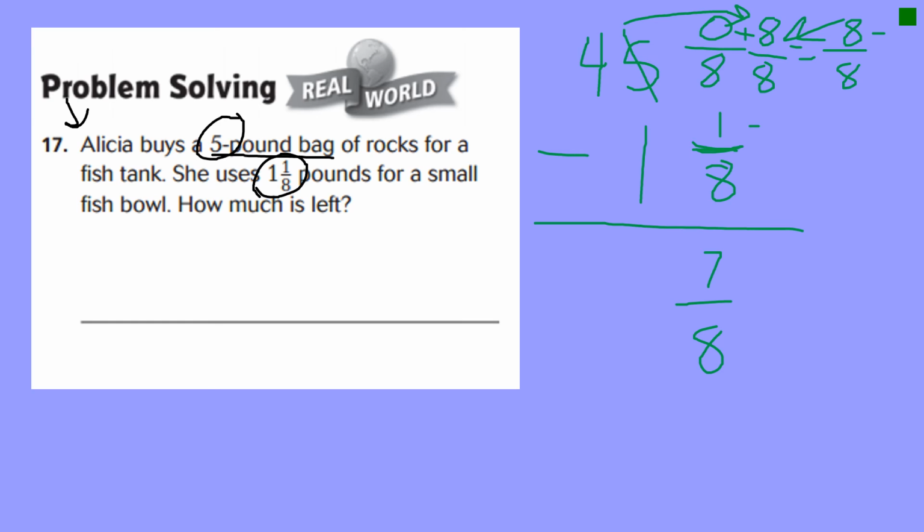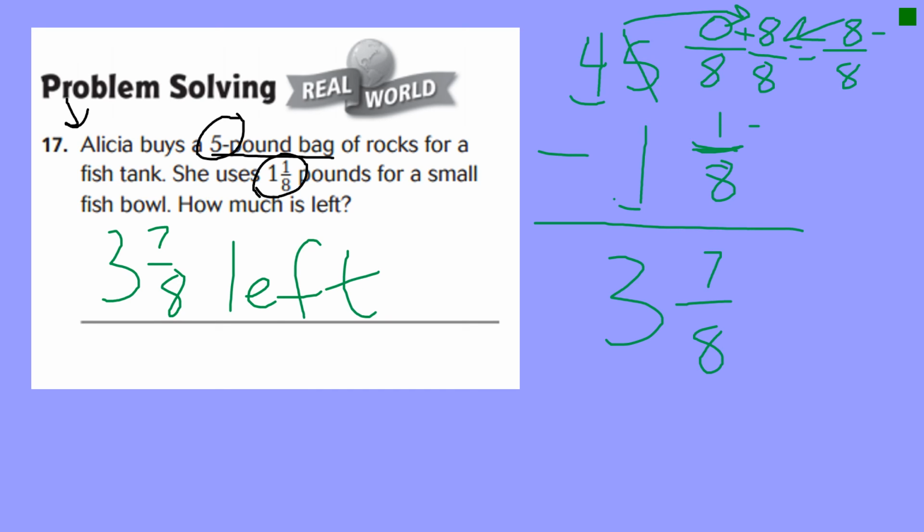And don't forget the whole numbers, right? 4 minus 1 is 3. So Alicia has 3 7/8 left. Well, I should say pounds. Pounds of rocks. Okay? 3 7/8 left.